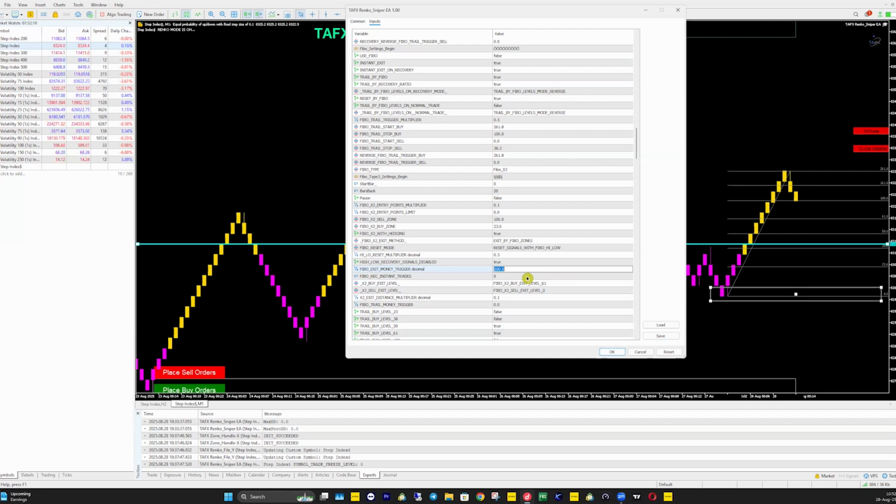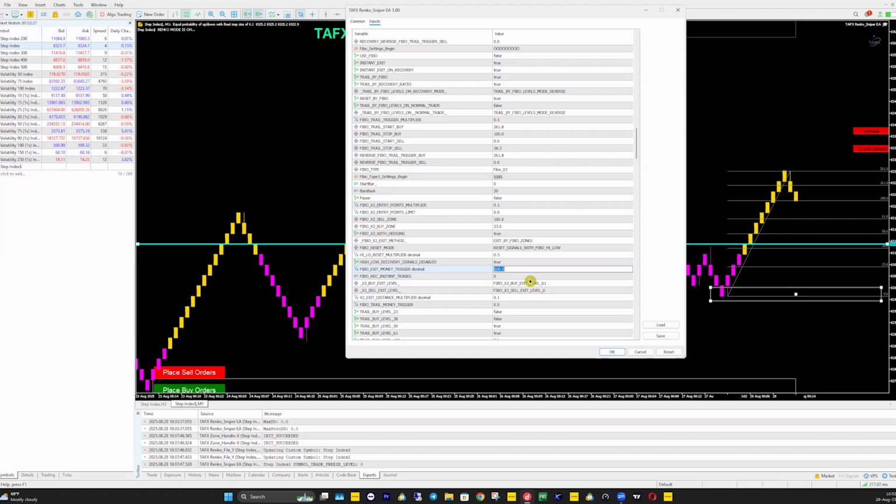You can apply it on your real account. But the default setting that we are sending the system with, you don't have to change anything. I'm just sharing this information for you to understand more of the things that you can do with our system on your demo account, not on your real account.